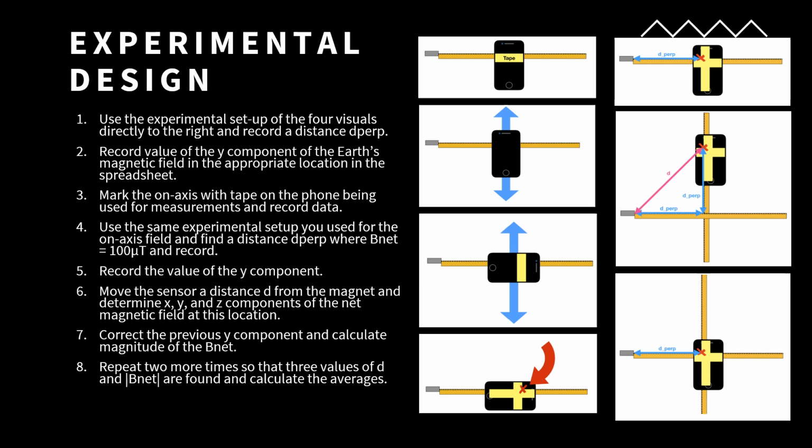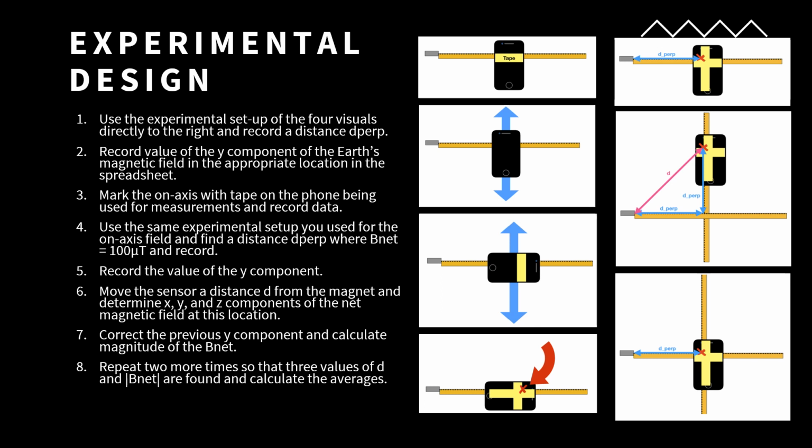For this experiment, the first four photos on the leftmost part are the setup, and we're going to record the value of the y component of the Earth's magnetic field and the approximate location of the spreadsheet. We're going to mark the on axis with tape on the phone being used for measurements to record data, which is this bottom one with the red.